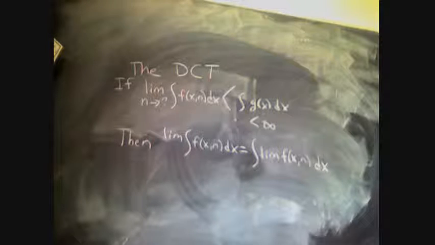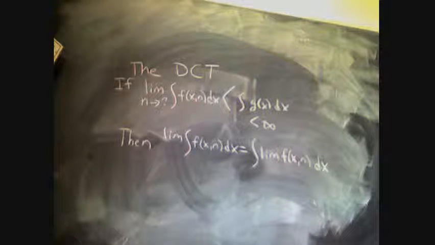Some of these parts might look familiar, but we are trying to find a way to make these things solvable. We have a couple of tools. In order to solve this integral, one thing that's going to help us tremendously is known as the dominated convergence theorem, the DCT.